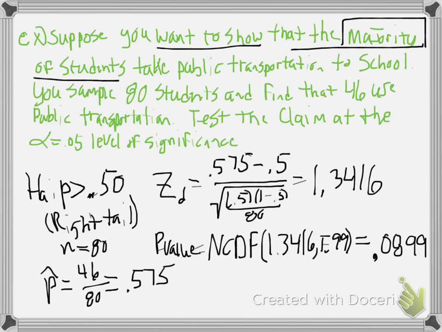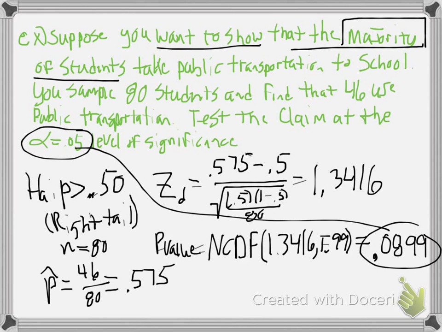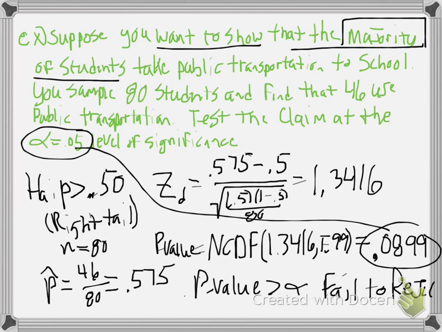Then once you get your p-value, you compare that to alpha. 0.0899 is larger than alpha, so since the p-value is greater than alpha, we fail to reject the null.